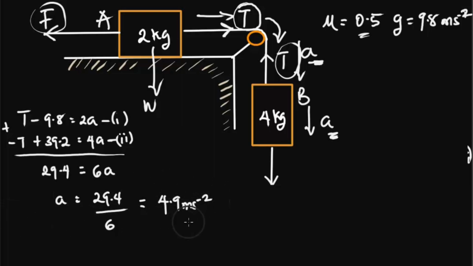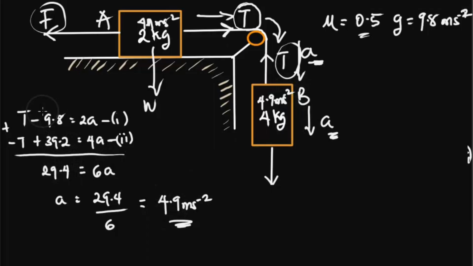Alright, and this is the acceleration of the masses. So this block will accelerate at 4.9 meters per second squared, and this block will also accelerate at 4.9 meters per second squared.